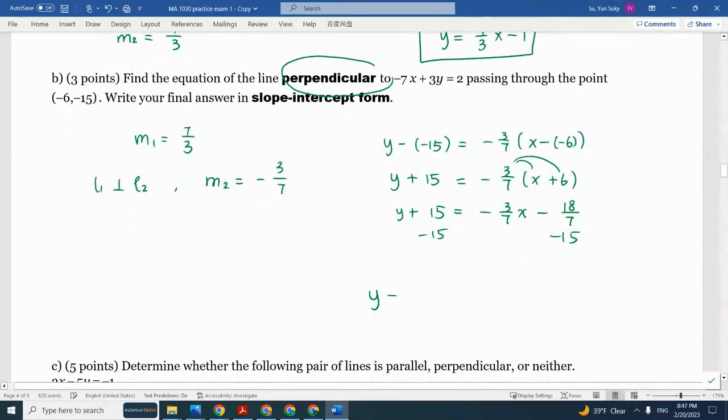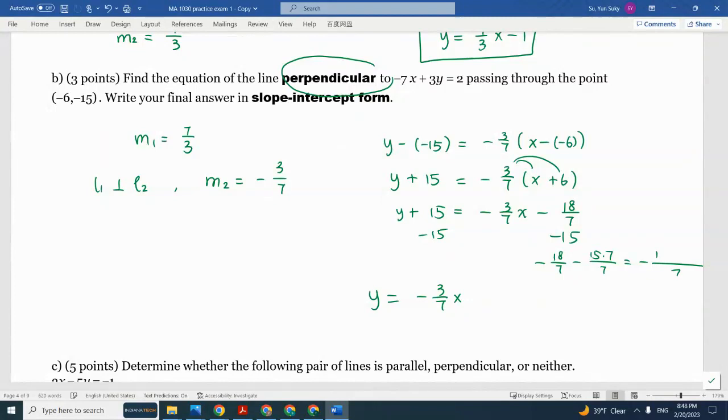We get y equals -3/7 x. Okay. When you plug in your calculator, try to get fractions, or try to calculate on your own. So you get -18/7 and -15. Well, 15 you multiply by 7 divided by 7.